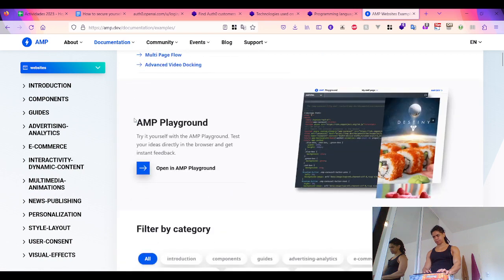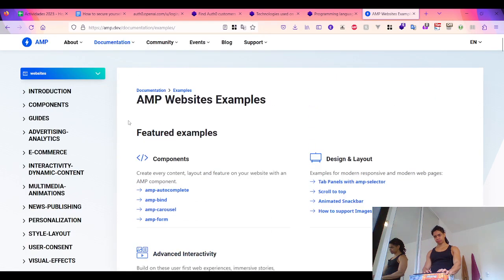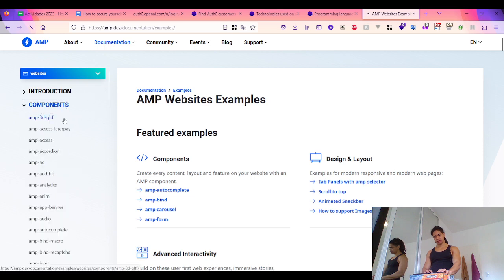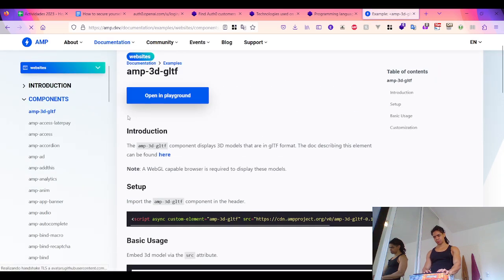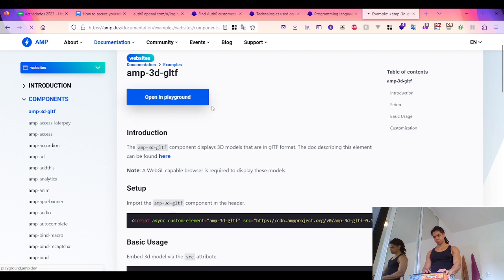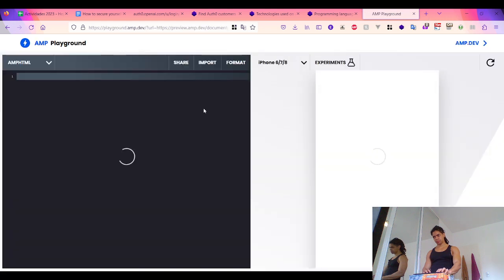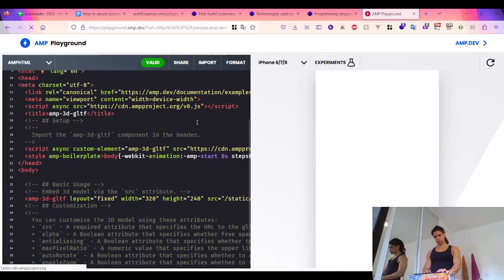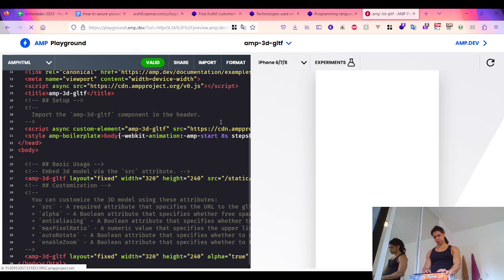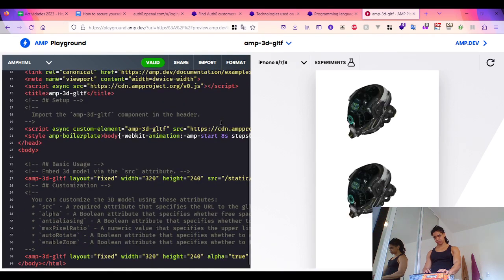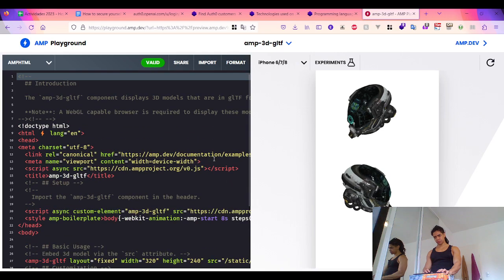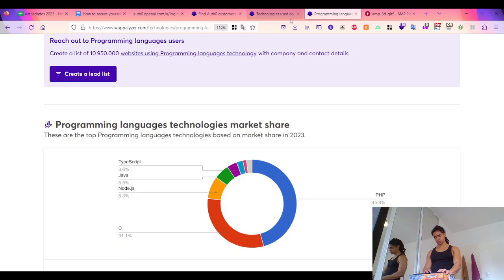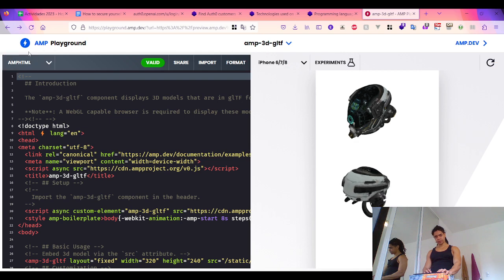Interesting. You get all the components. Very, very interesting.